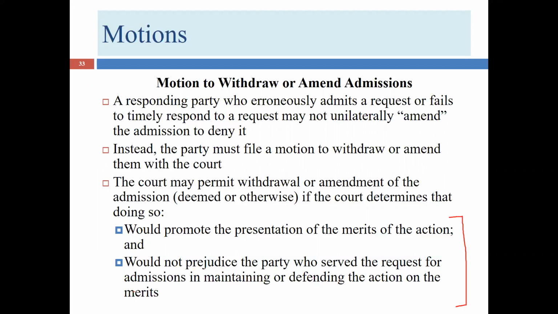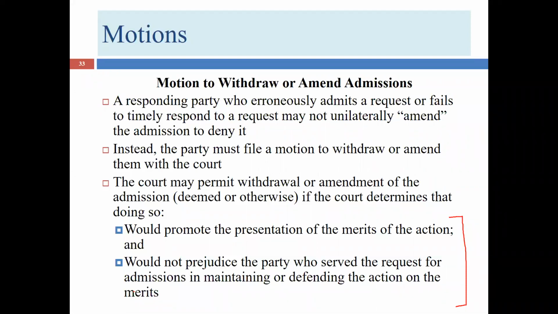If there's been a tremendous delay between the time of the serving of the answers to the request for admission, and the other side has been working on the assumption they can treat all of these that have been admitted as admissions, and now on the eve of trial, you realize you admitted something you ought not.